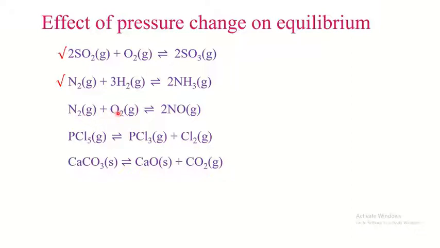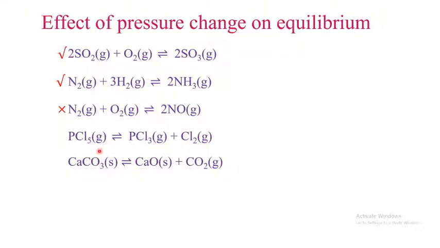There are a total of 2 moles reactants and 2 moles product. So here the mole number of reactant and product is the same. So here there is no effect of pressure on the equilibrium state of this reaction. That means when the reaction goes into equilibrium, if we change the pressure, it will not have any effect on its equilibrium state.